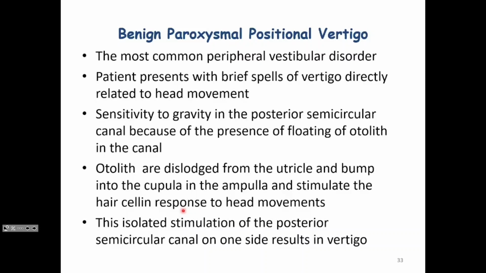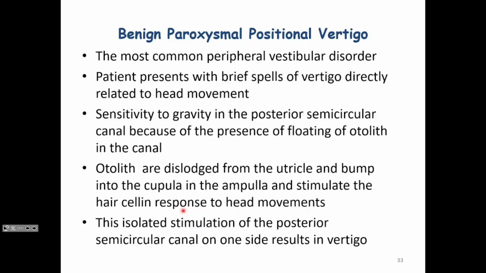So the posterior canal is, if you remember, basically this or that. When your head tilts in this or that way, one of these canals is going to get activated and you start to have vertigo. So in a particular position, you start to have vertigo. So they do something called the Dix-Hallpike procedure to find out which canal it is.